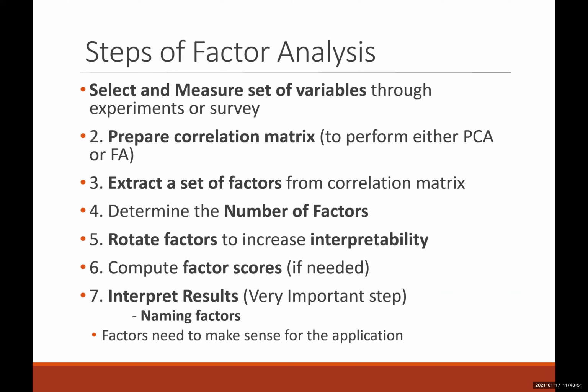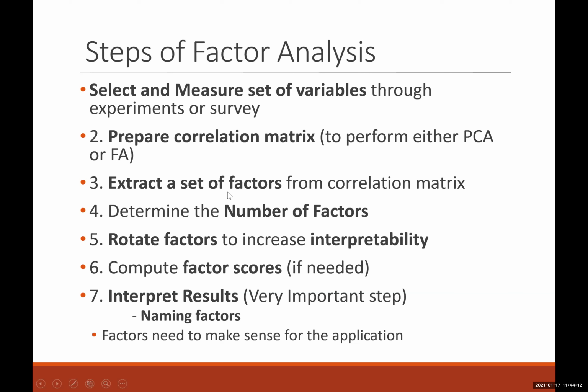So the steps of factor analysis are very similar to what we do in principal component analysis. You're going to select and set the variables, either through surveys or experiments or medical records or however it is that you're collecting this data. You're going to prepare a correlation matrix, particularly if you need to scale the data.